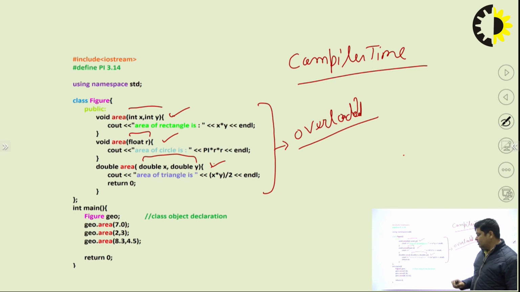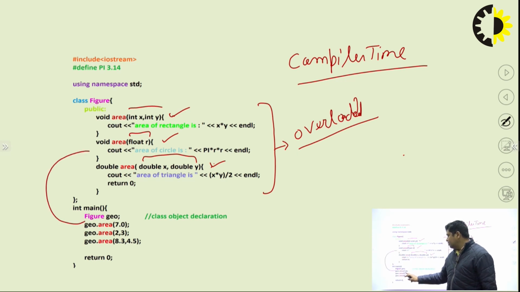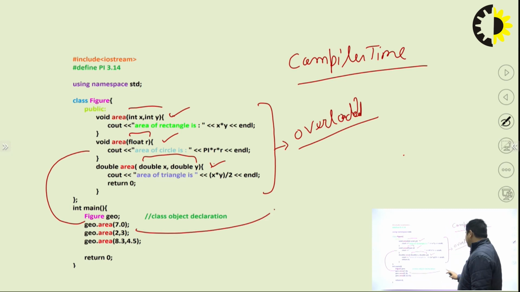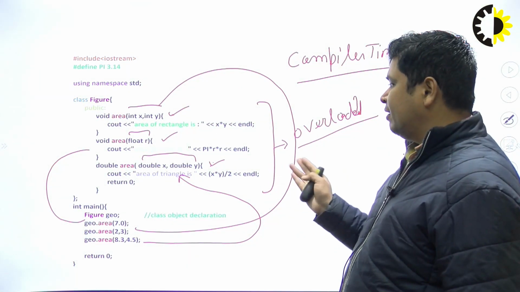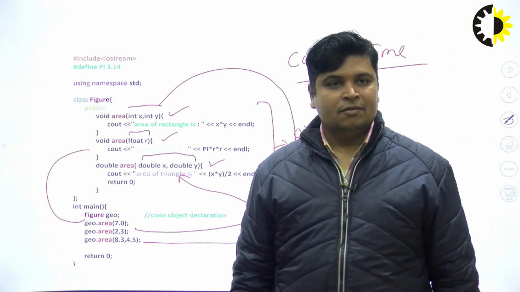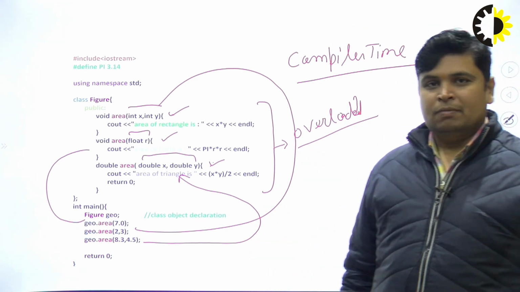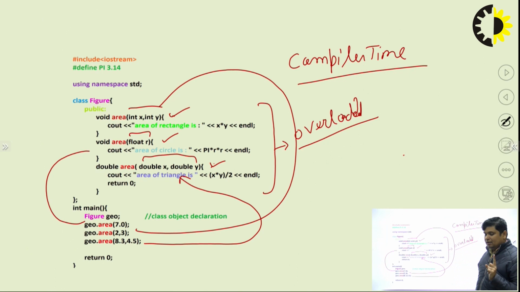You will see here, when I am calling this method with these two integer values, immediately this method gets the chance. I will get the area of rectangle, area of circle and area of triangle by the three, but the method name is the same, and the number of arguments and type of arguments are different.